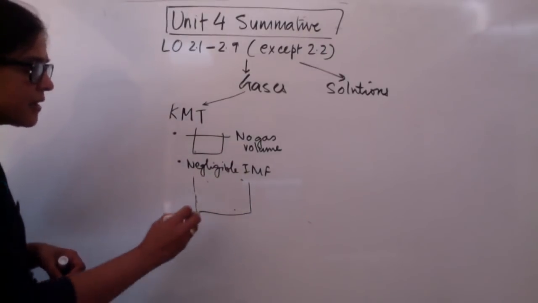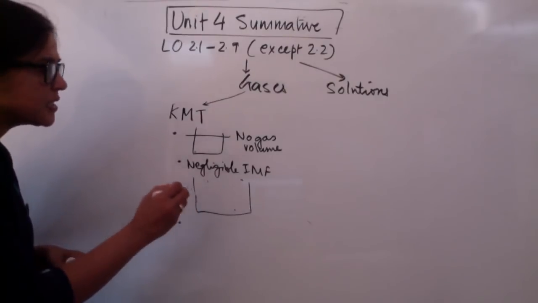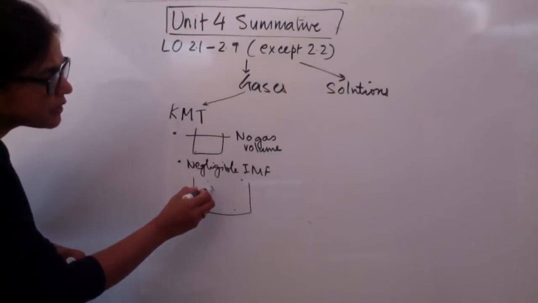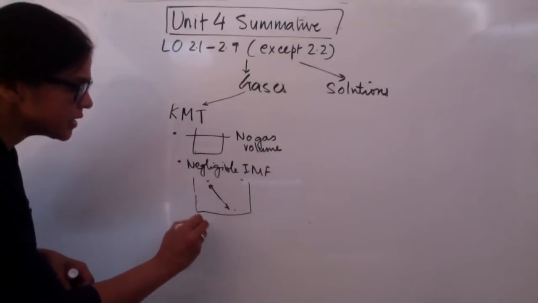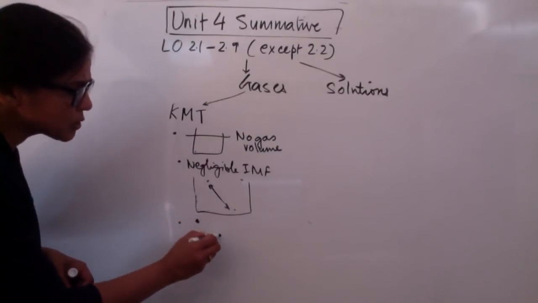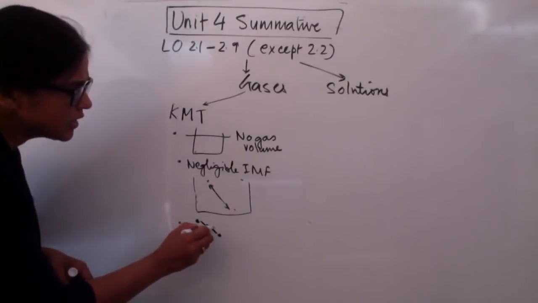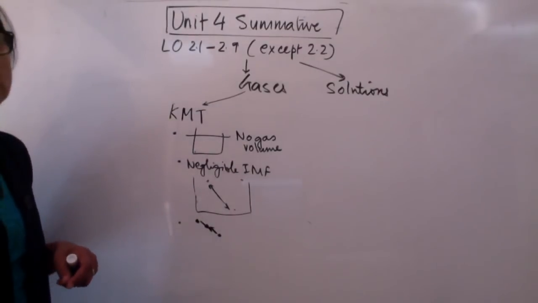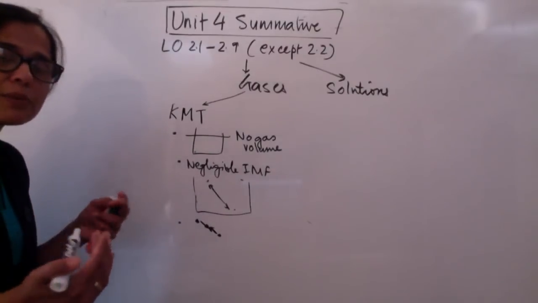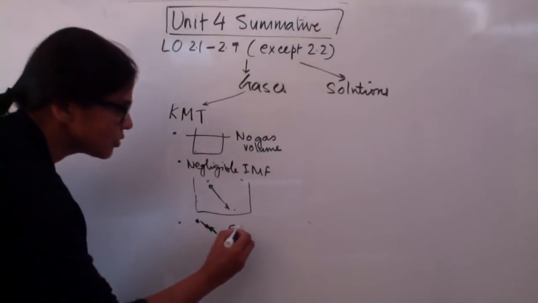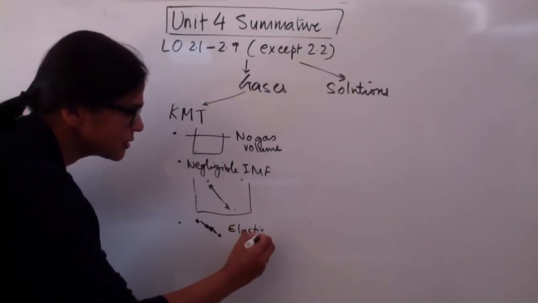The next thing this theory says is gas particles are in constant rapid random motion and they keep going straight till they hit each other. And if two gas particles collide with each other, it results in an elastic collision, meaning there is no net loss of energy. Energy can be redistributed, but it is not lost. So elastic collisions.